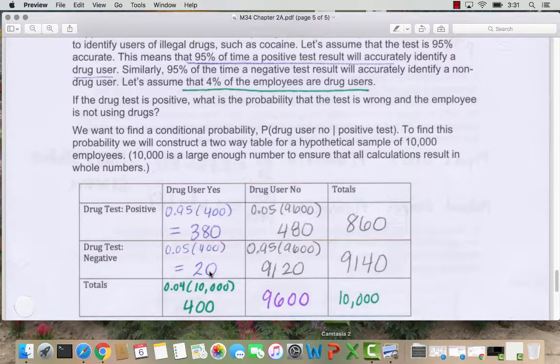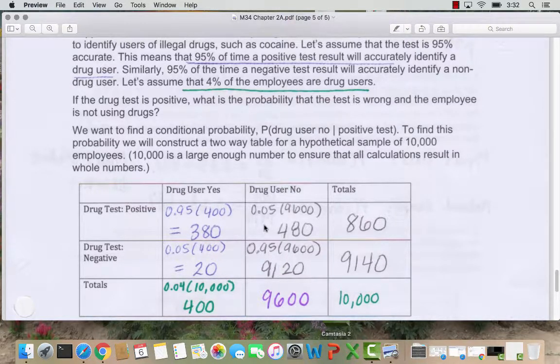Now let's look at how we fill in the drug user no column. So we're working from this base of 9,600 employees who are not drug users, and we know it's going to come back correctly negative 95% of the time. So if we check 0.95 times 9,600, we get 9,120.